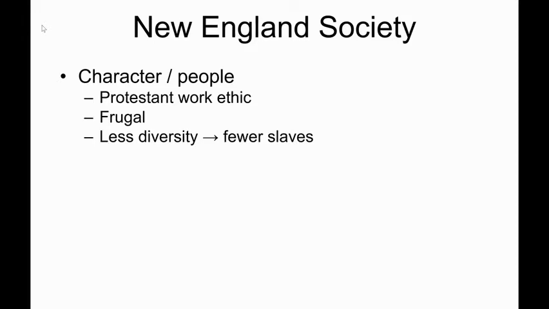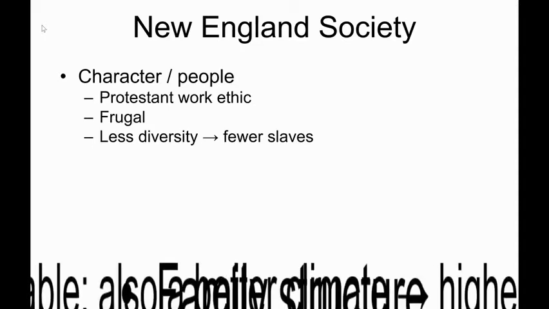In terms of the demographic composition, remember that New England is made up mostly of English people that were Puritan, and so there's not a lot of Dutch, not a lot of French, there's very little diversity when compared to the middle colonies, or even the South, where you have more slaves after Bacon's Rebellion, and so you just have more of a homogeneous society, at least in the early part of the colonial period.